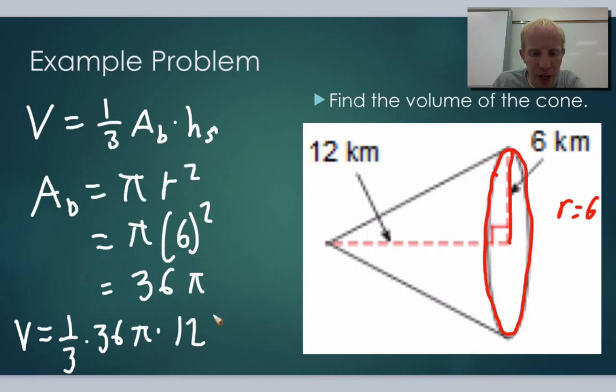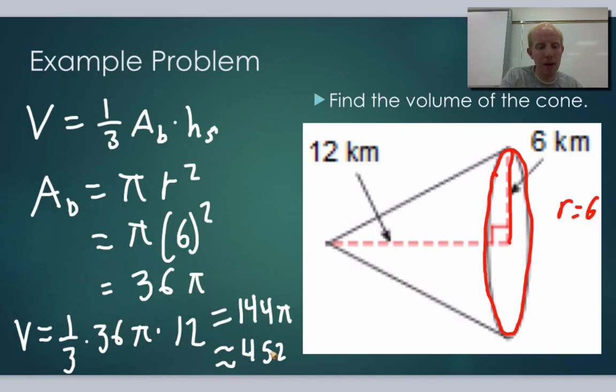You'll plug that in your calculator. 1/3 times 36 pi times 12 is going to give us 144 pi. That's our exact answer, or we can plug in the pi and get the approximate answer, which is 452.